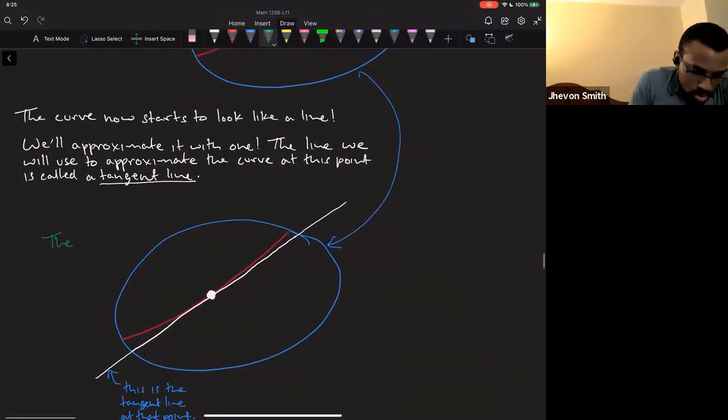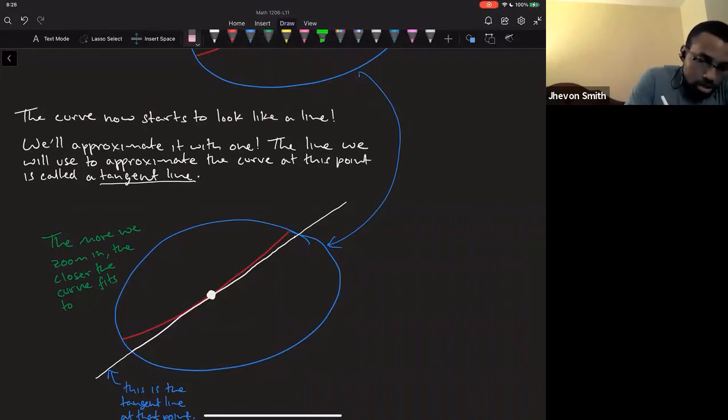So the more we zoom in, the closer the curve fits to some line. We don't really know what the line is yet.